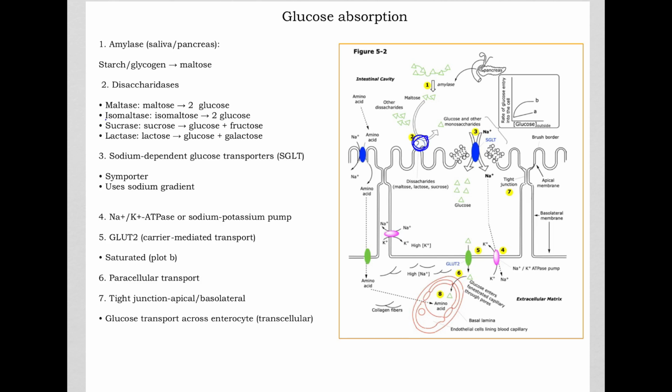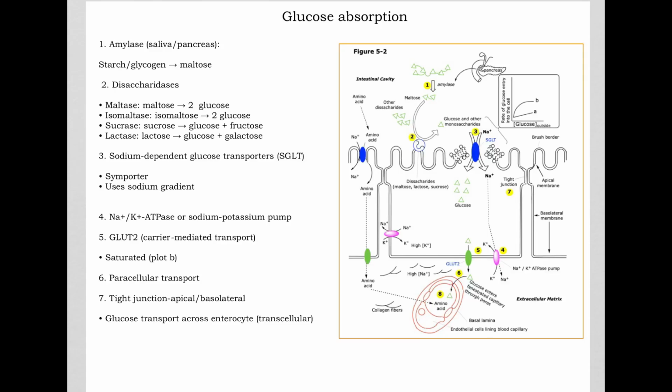So for example, isomaltase will break down isomaltose into glucose, 2-glucose. Sucrase will break down sucrose into glucose and fructose, and the enzyme lactase will break down the disaccharide lactose into its components, glucose and galactose.